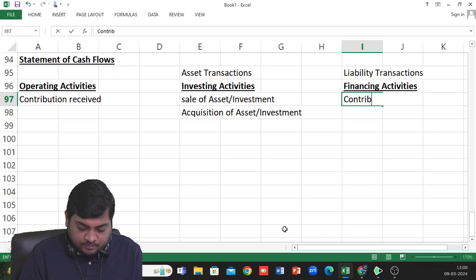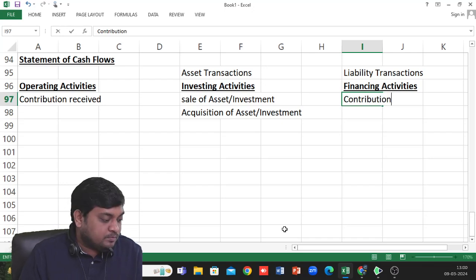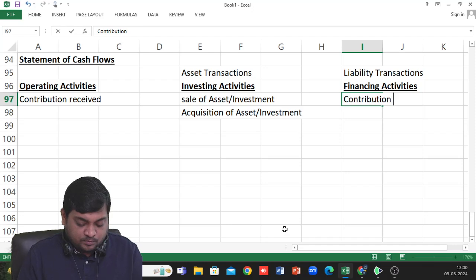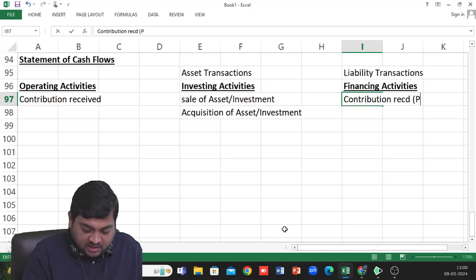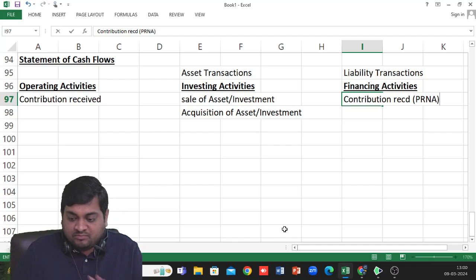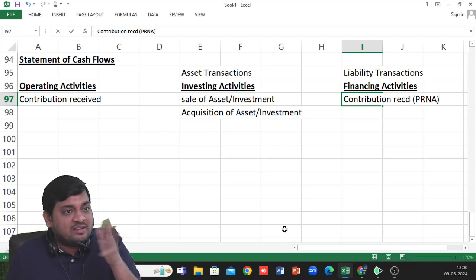Contribution received that is PRNA is purely financing because it can never be spent.